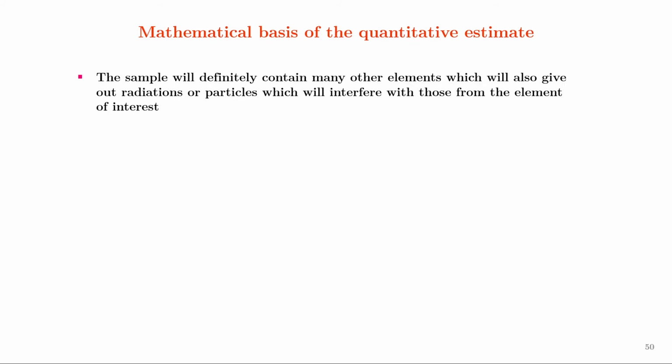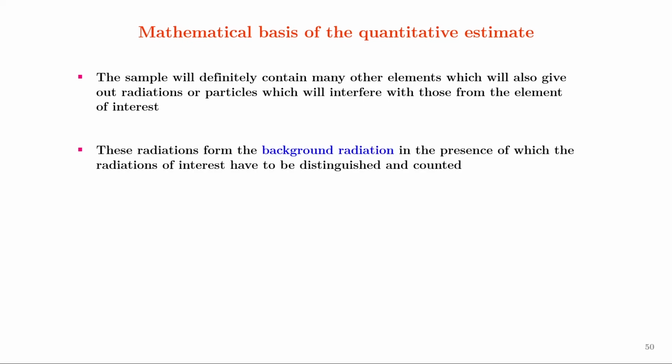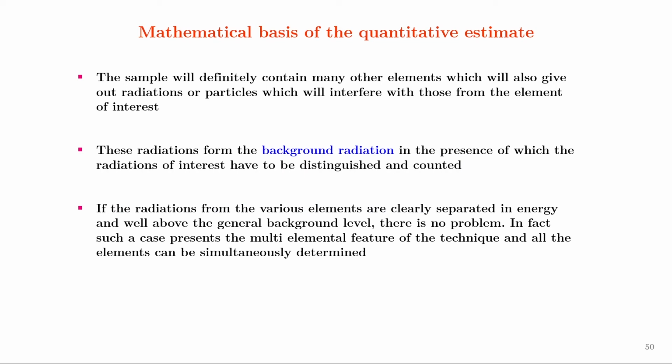The sample will definitely contain many other elements which will also give out radiations or particles which will interfere with those from the element of interest. These radiations form the background radiation, in the presence of which the radiations of interest have to be distinguished and counted. If the radiations from the various elements are clearly separated in energy and well above the general background level, there is no issue.